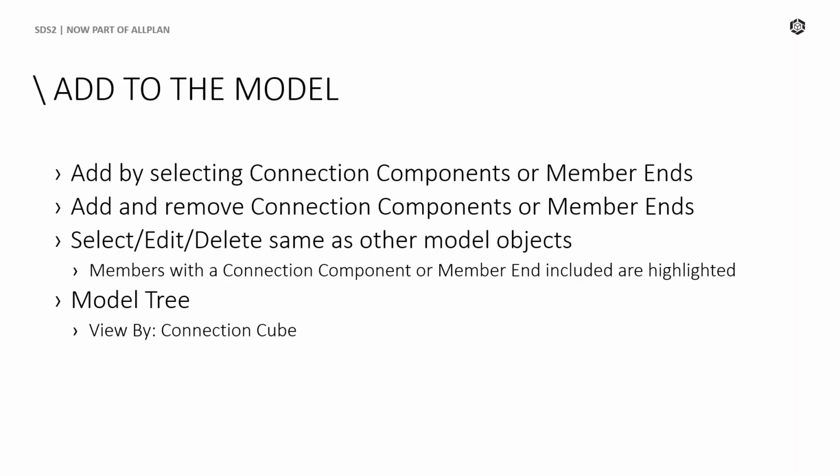And then in the model tree in SDS2, we're going to see an additional view by option up top that's going to allow us to view all these connection cubes in a list on your model tree. That's going to be really handy, especially when you start getting larger models with a larger number of these cubes throughout. It's going to help organize that and find what you're looking for.